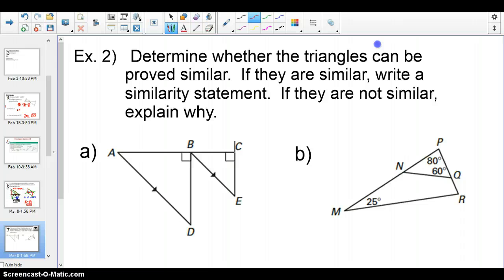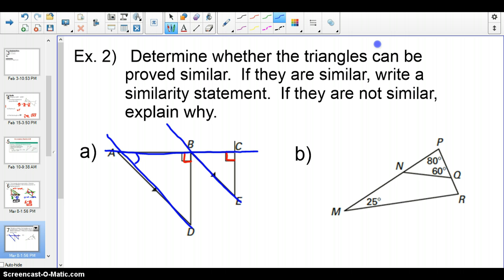Example 2 is asking you to decide if the two figures are similar or not. In the first figure, you have this 90-degree angle marked, so you've got one angle. If we want to use our new information, we need at least two to say that these two figures are similar. So you're going to need to use your parallel lines here and think about this being your transversal.